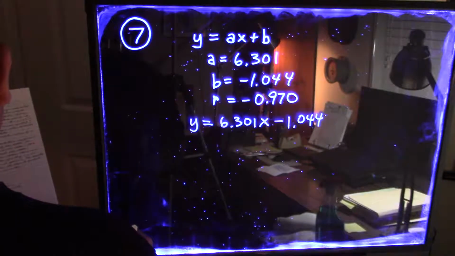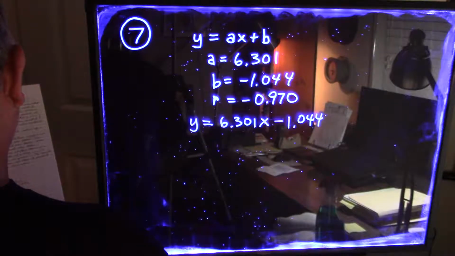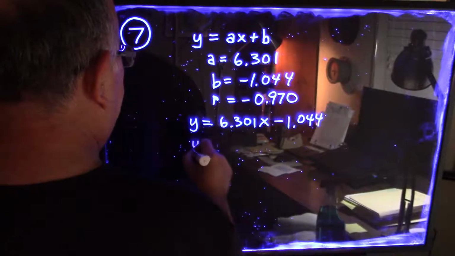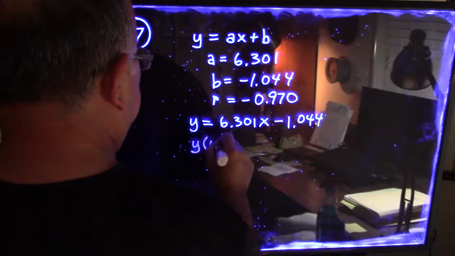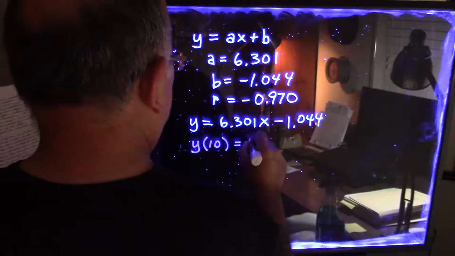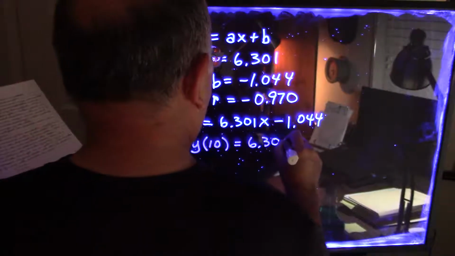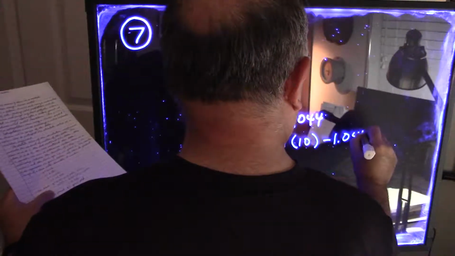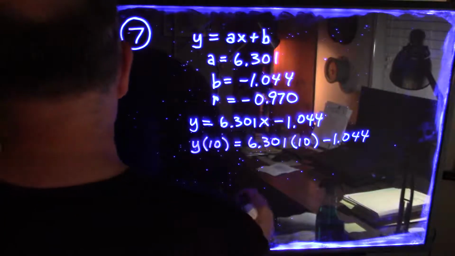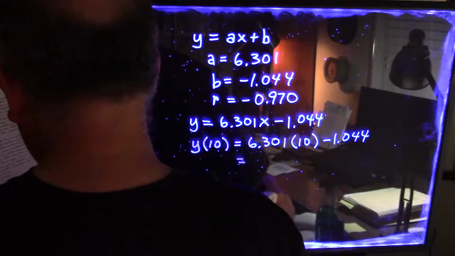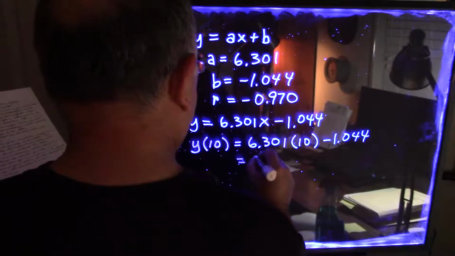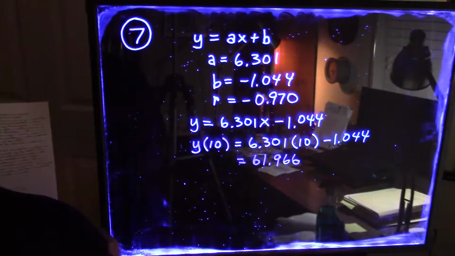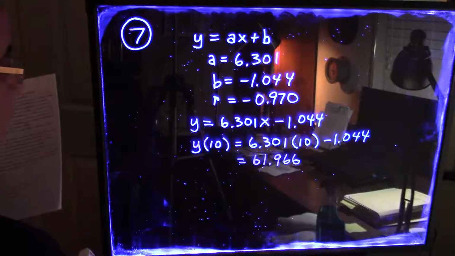We have the diameter is 10 inches, so what we want is y of 10. 6.301 times 10 minus 1.044, and when you compute that you get 61.966. So the tree is about 62 years old.